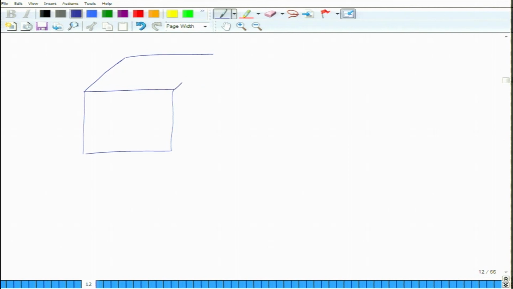So, if I draw a crystal direction in this unit cell, okay.